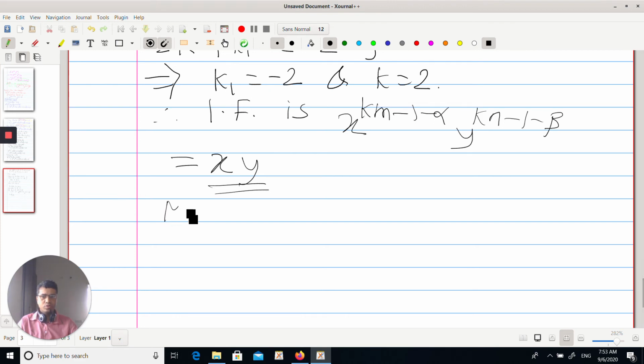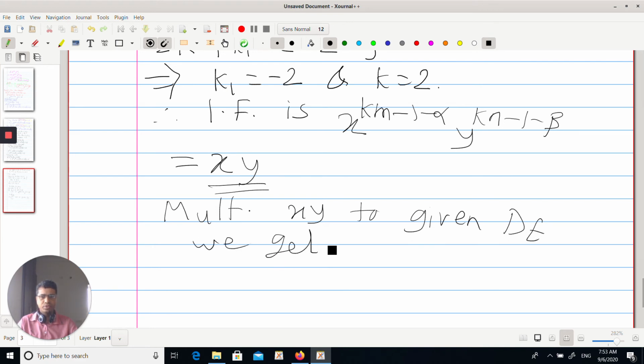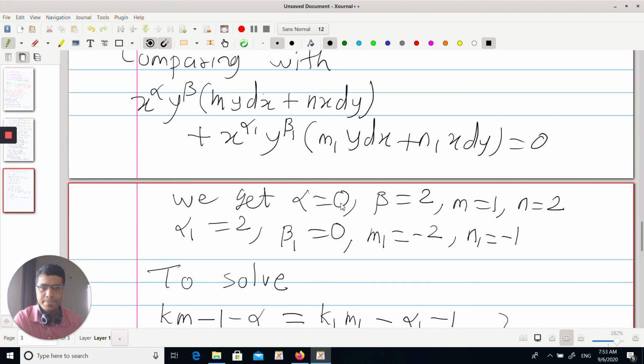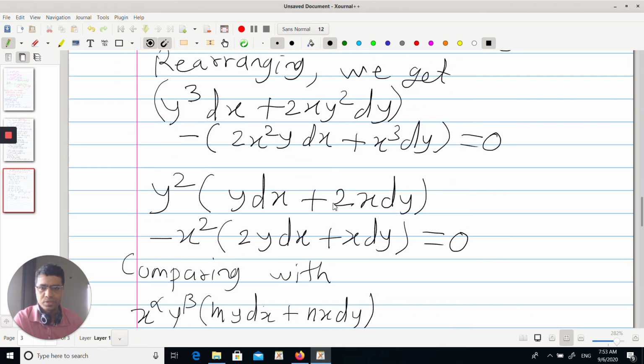So multiplying the integrating factor xy to the given dE, we get, so our dE is this one: y square into y dx plus 2x dy, minus x square into 2y dx plus x dy.